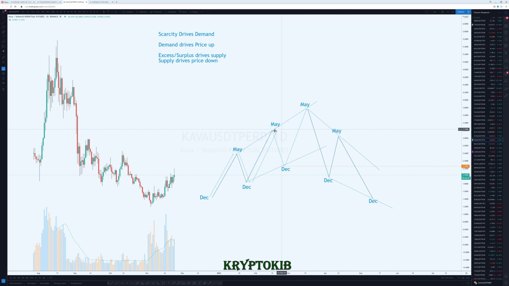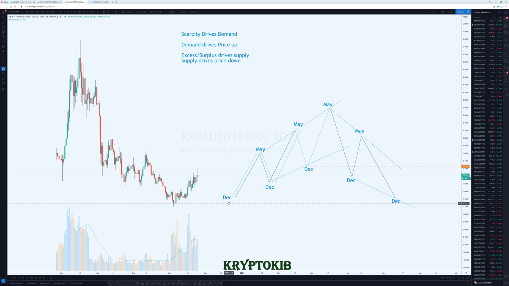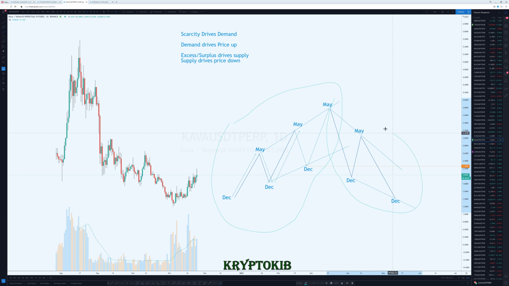Looking at this, we can say from this point the market is in an uptrend, while from this May down here, the market is in a downtrend. Here we have a bullish structure, here we have a bearish structure, which is an uptrend and a downtrend. So that is why I said market structure is basically the same thing as trends, either uptrend or downtrend.